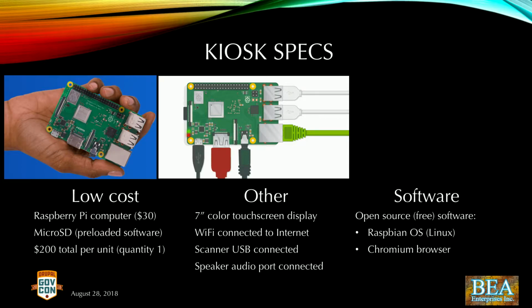So this turned out to be a good choice. It's manufactured in very large quantities and pretty reliable. We've never had a failure on that. Software, it's all open source. There's 1 gig of memory, so it's not a big computer, but we're running Raspbian, which is a version of Linux.